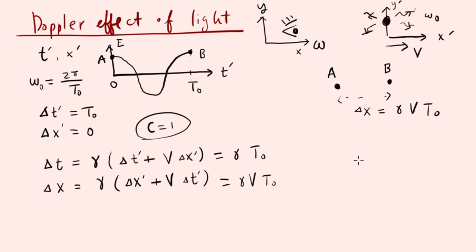What this means is that the time difference between these two events cannot be the period that we measure. How do we actually measure period for a wave? Well, when we measure the period of a wave, we must focus our attention on one spatial position, and then measure the wave amplitude and see how it repeats.